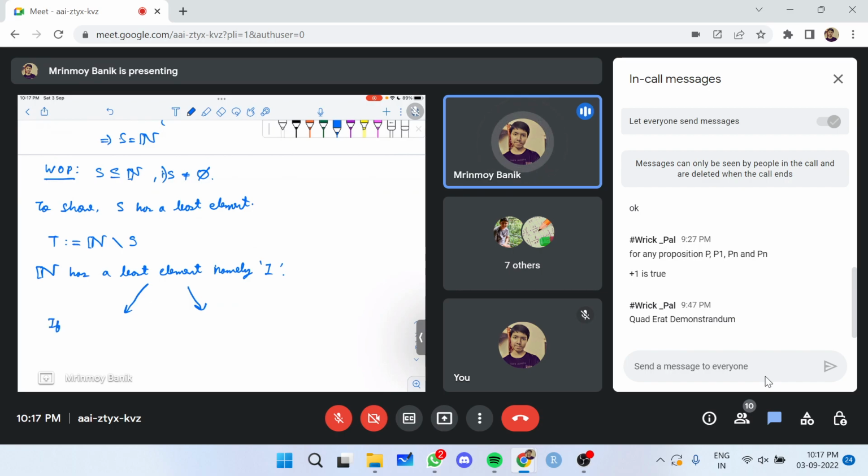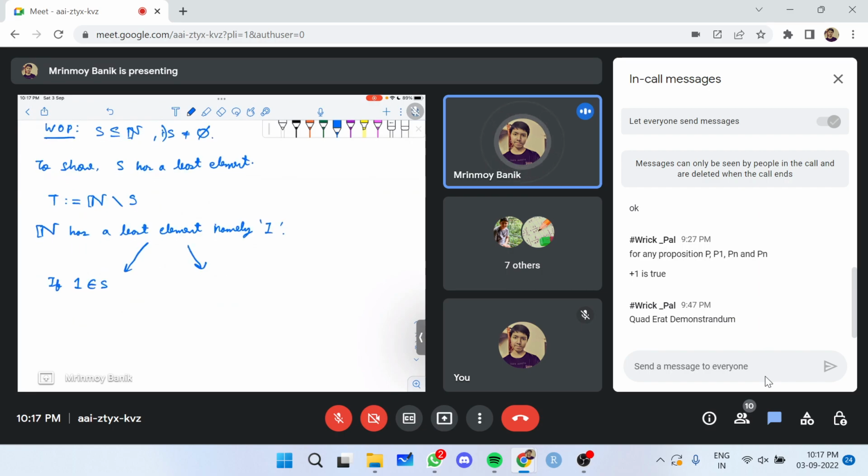First, we have 1 is inside S. Now observe that S is a subset of N, so the least element of S can't be lesser than the least element of N. So if 1, which is the least element of N, is already in S, all other elements of S have to be strictly greater than 1, right?